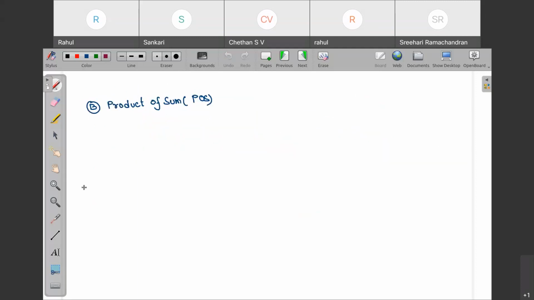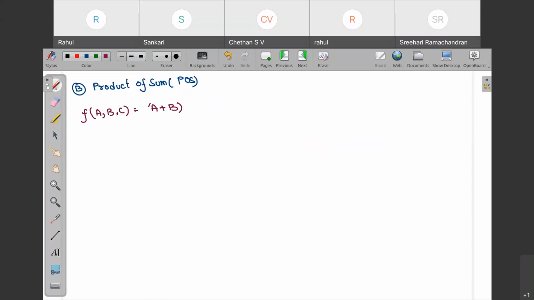Now the same concept follows for your product of sums. Look very carefully. If I have a 3 variable function, something like this, this is your product of sums, POS form.